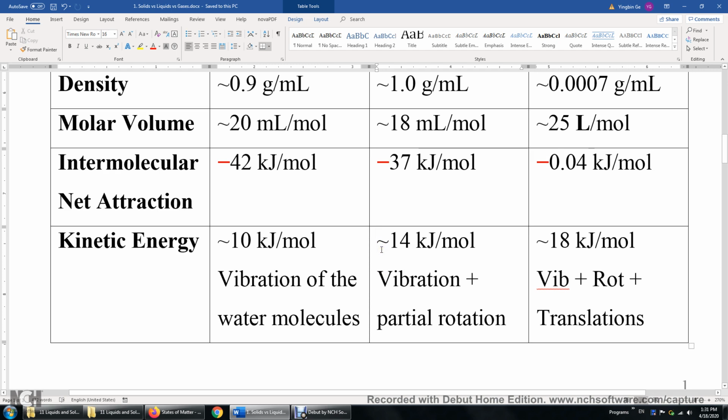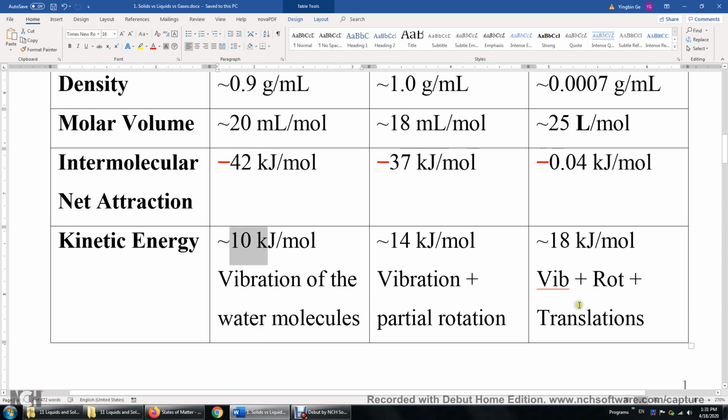It's called hindered rotation because of the attraction between the surrounding water molecules and the rotating water molecule. But still, because of this partial rotation, the kinetic energy of a liquid water molecule is higher than the kinetic energy of a solid water molecule.